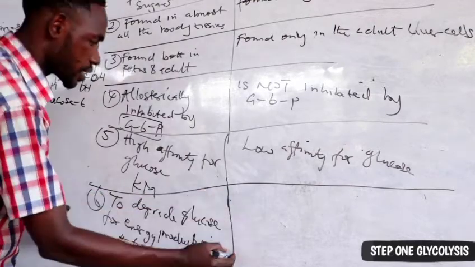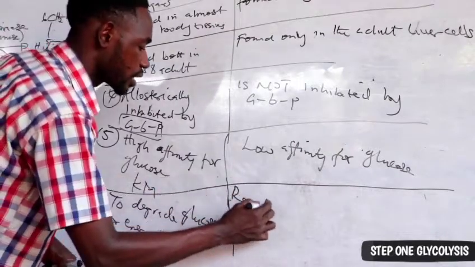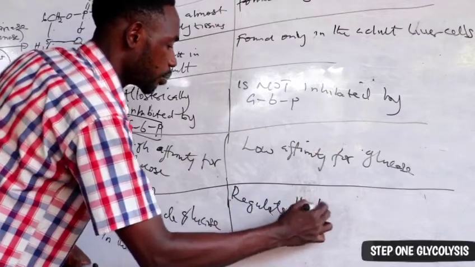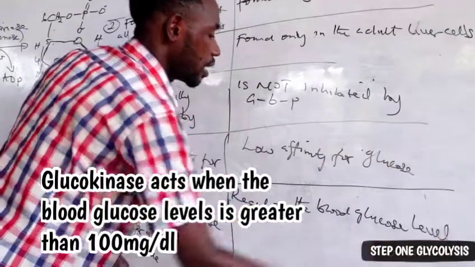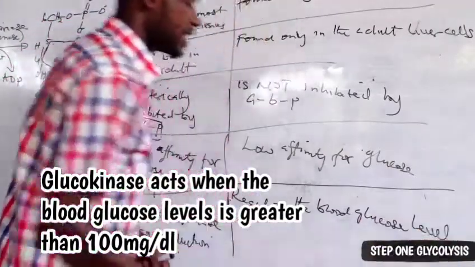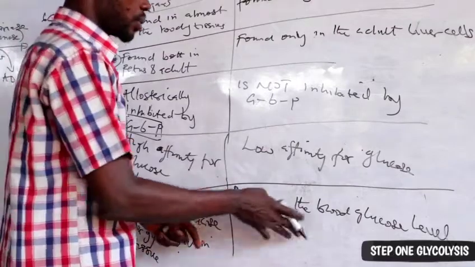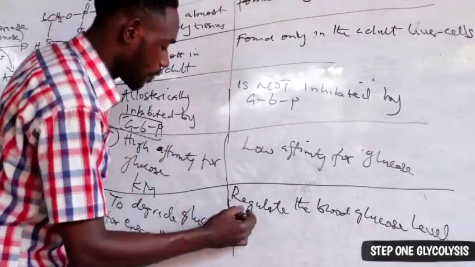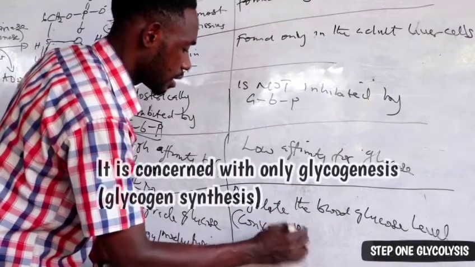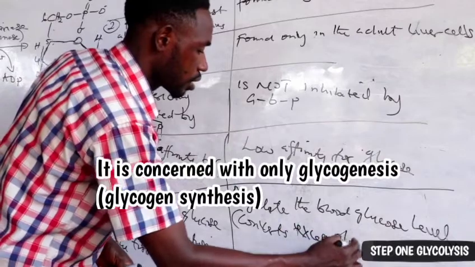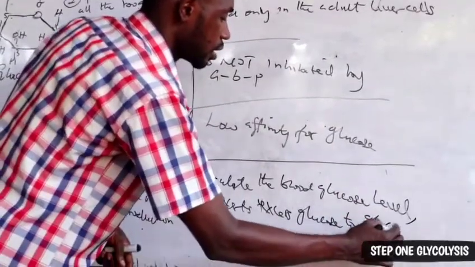Then the main aim of glucokinase is to lower and regulate the blood glucose level, by preventing the excessive accumulation of glucose in the blood. It doesn't break down glucose to yield energy, rather it converts excess glucose to a storable form, glycogen.